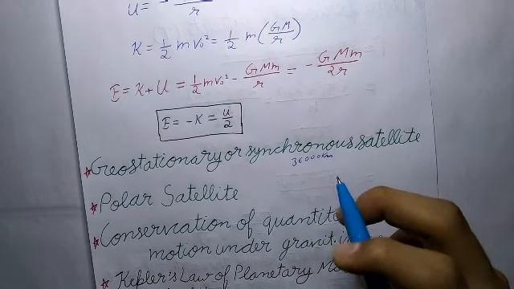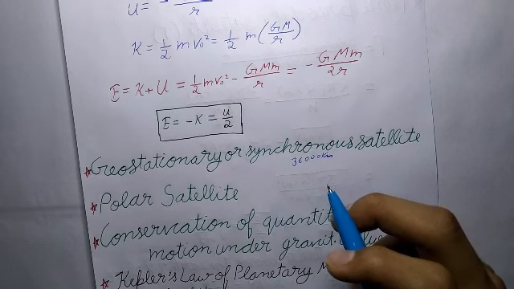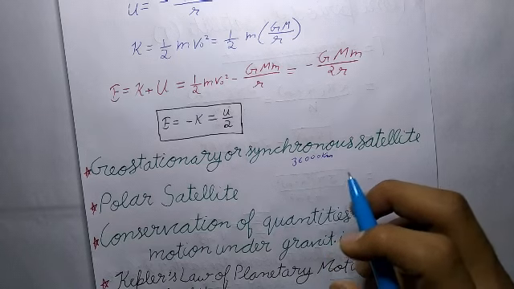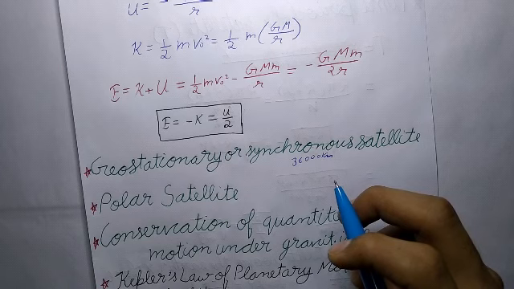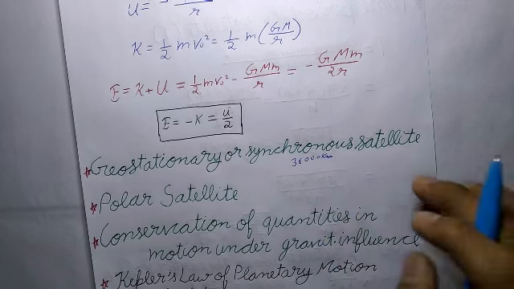Three geostationary satellites with a mutual angular separation of 120 degrees can be used to communicate between any two points on the entire Earth.